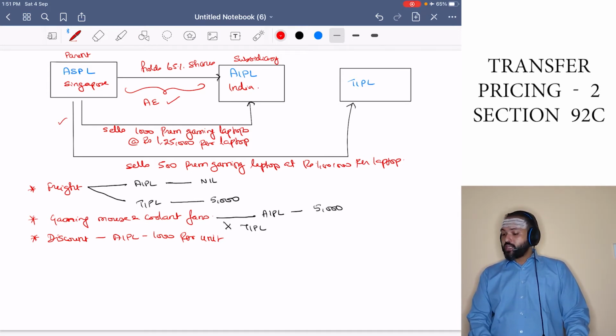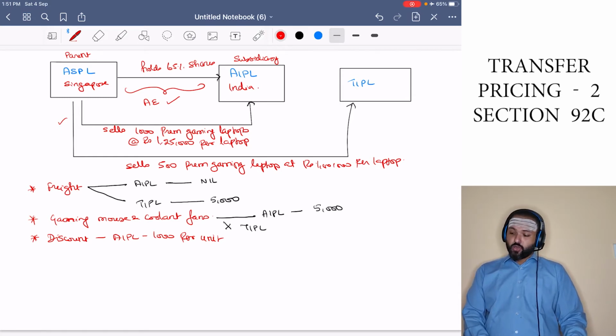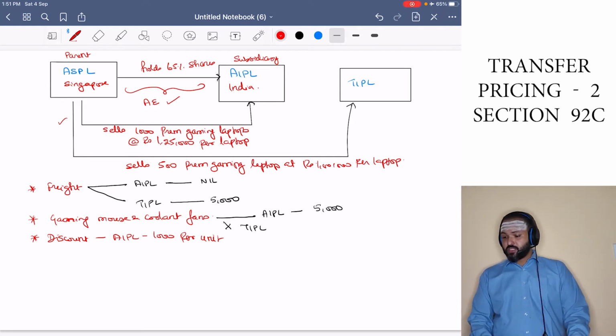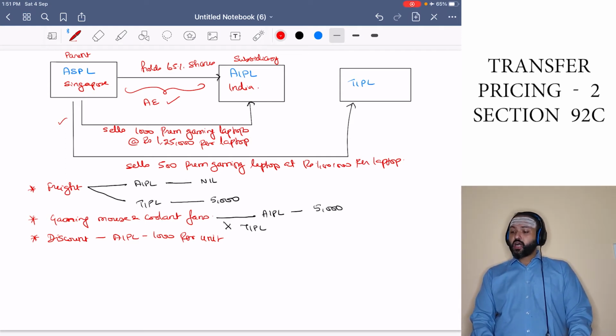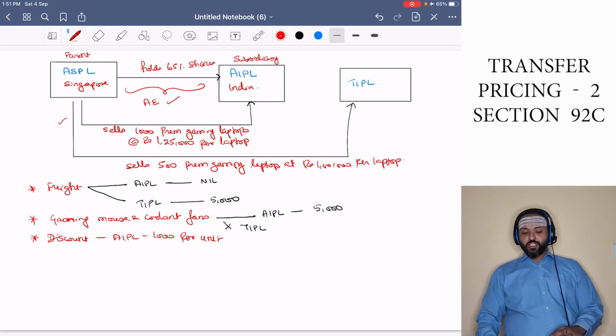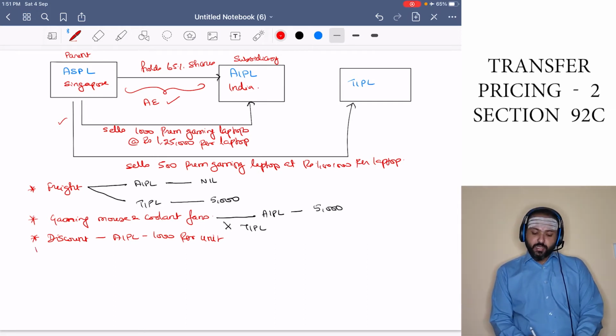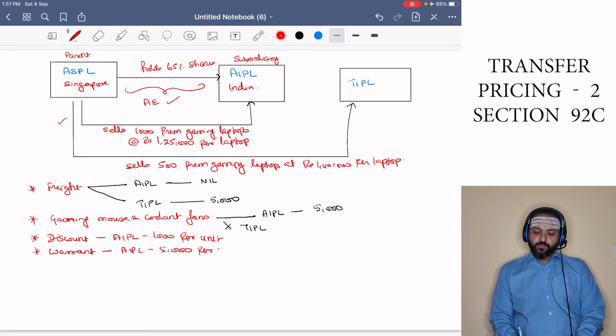After sales warranty for rupees 5,000 per laptop was given to Acer and not to TIPL. After sales remote services offered to Acer India amount to 6,000. So in addition to these two adjustments, two additional adjustments are here. What are they? Warranty is given only to AIPL at a cost of rupees 5,000 per unit.